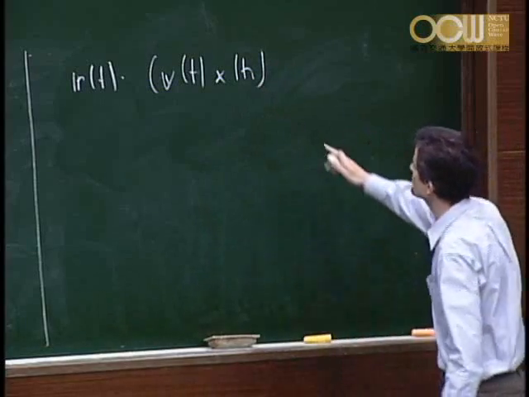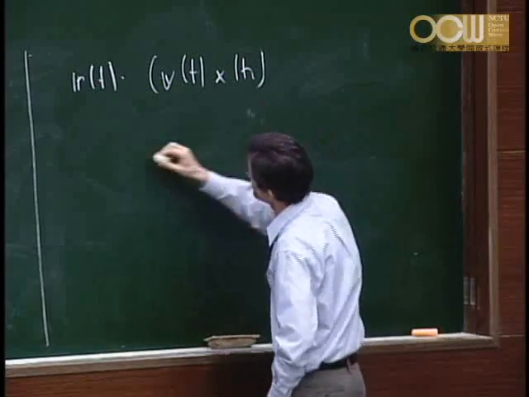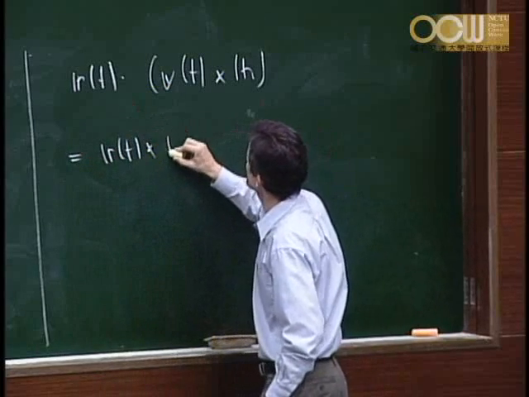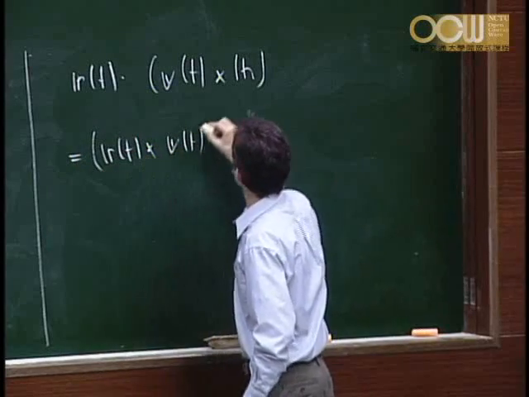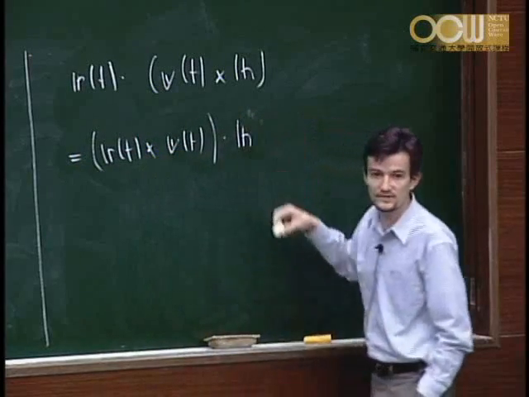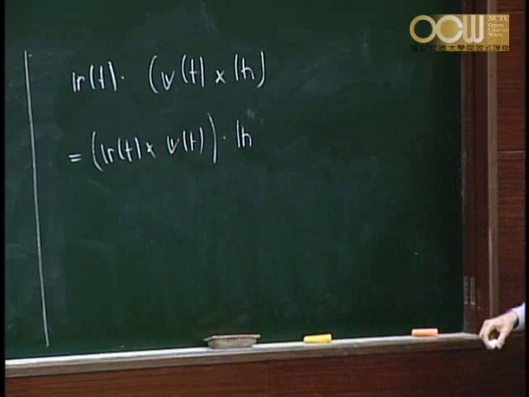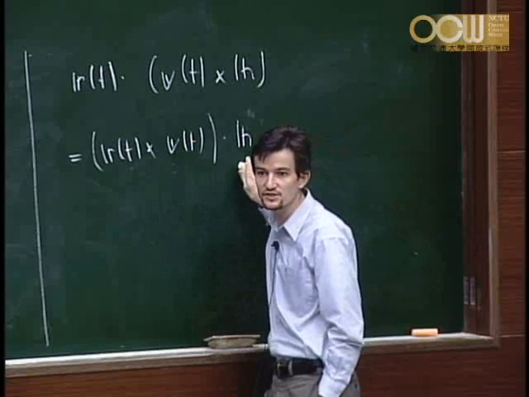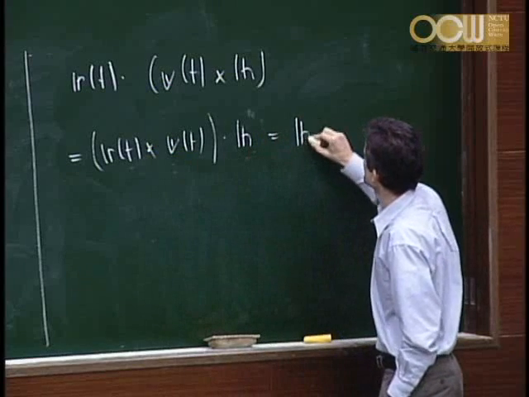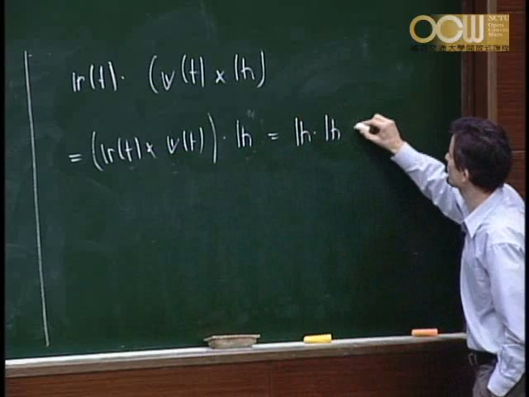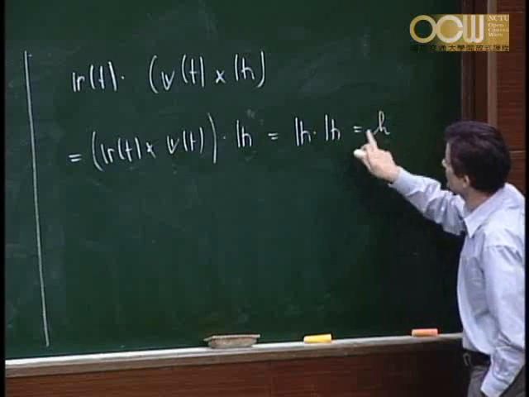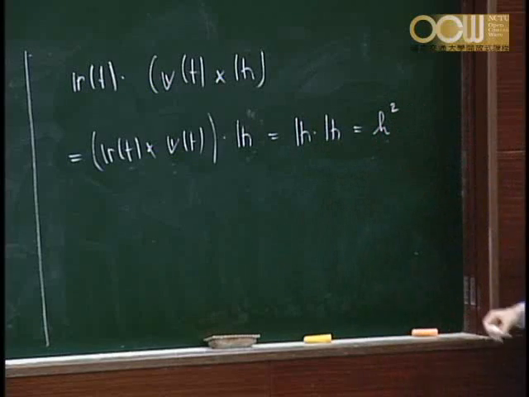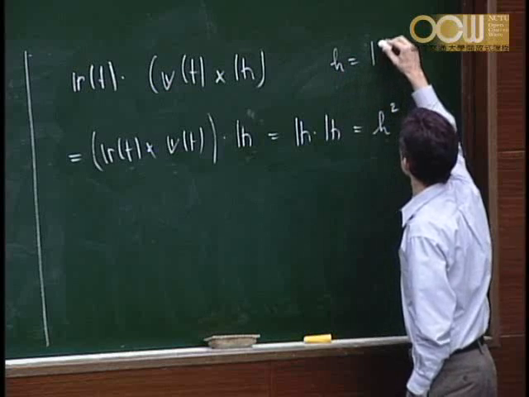For the scalar triple product, we have a formula which tells you this is equal to the vector product between r and v, scalar product with h. Now this vector here, by definition, was our h. So what we have here is h times h. So this is the length of h, which we call h without using the bold notation, squared. So this h here is the length of h.